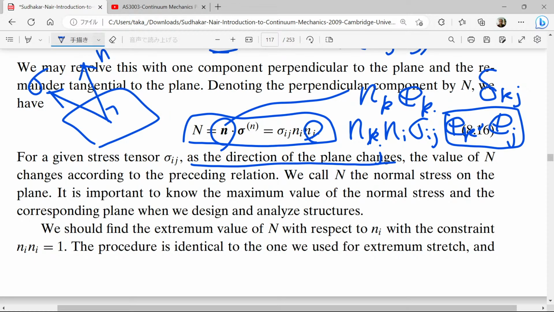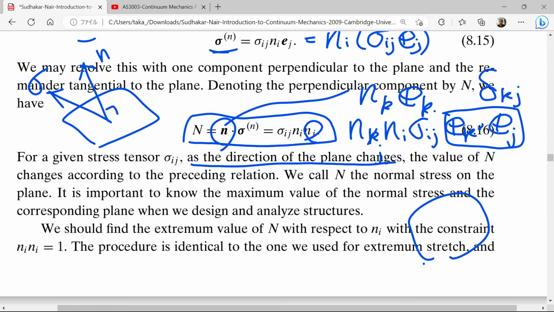So we can change this plane, for example rotate in any direction, three-dimensional, and you have to find some plane where the normal perpendicular component capital N becomes largest.